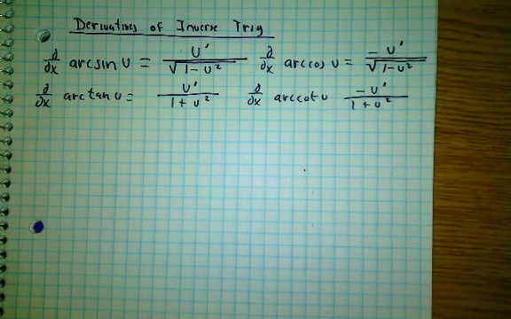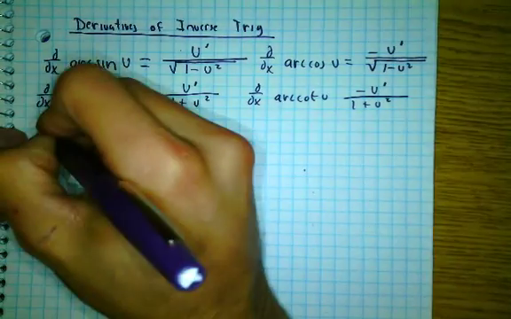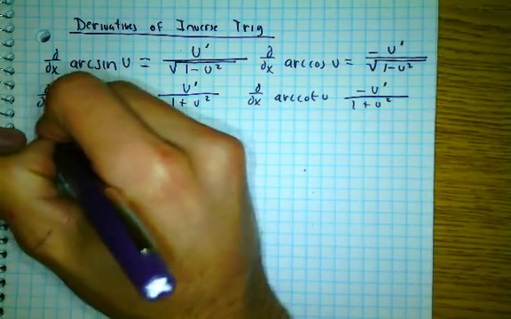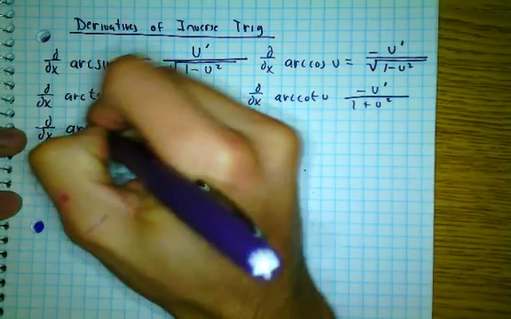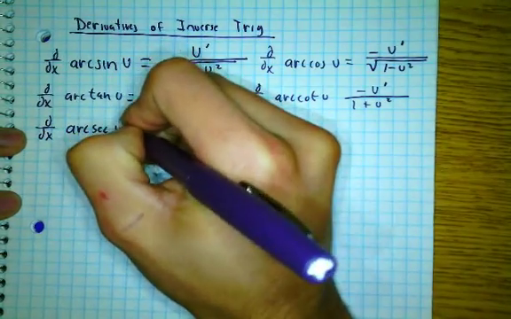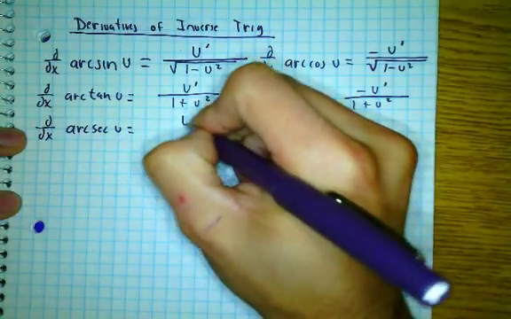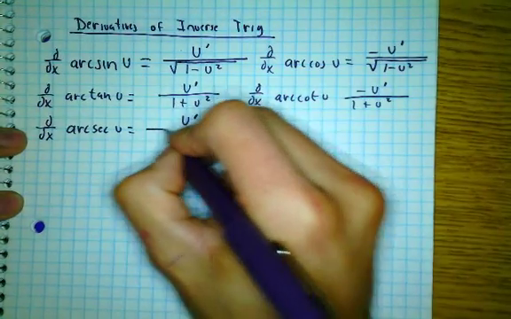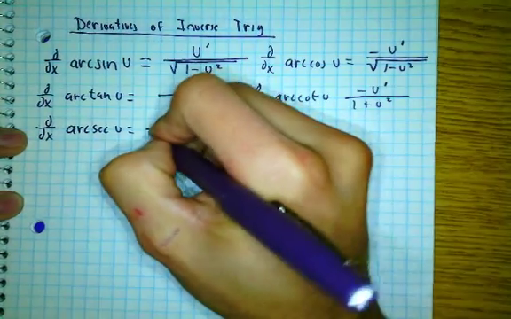And lastly, these are the ones that take me longer to memorize. Arcsecant of u. It's the derivative of u divided by the absolute value of u times the square root of u squared minus 1.